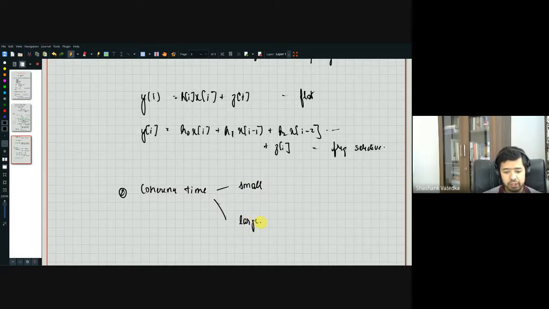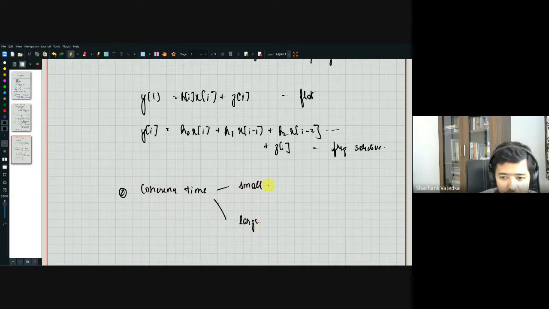So I'm deliberately not quantifying exactly how small or how large the coherence time has to be. Sometimes this is not exact. There are different ways of categorizing based on the coherence time, but loosely speaking, if the coherence time is small or large, we'll have different kinds of channels.